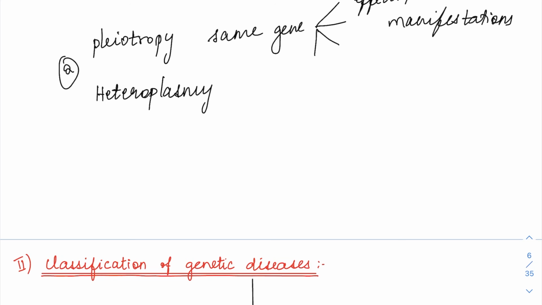Because of the difference in the proportion of normal to abnormal mitochondrial DNA, the manifestations of these mitochondrial diseases are again going to be different in different patients. So it is the same as pleiotropy only, but we use the term heteroplasmy in mitochondrial diseases.